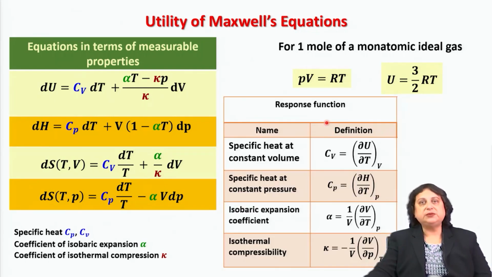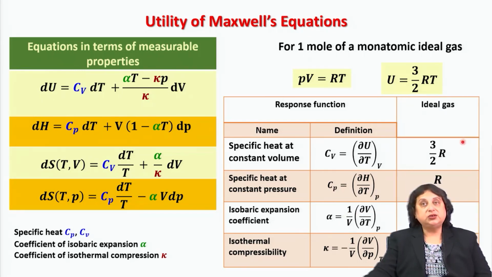And then it is possible to find out the different response functions as listed over here, and I can actually calculate the values of these response functions for an ideal gas as mentioned over here.